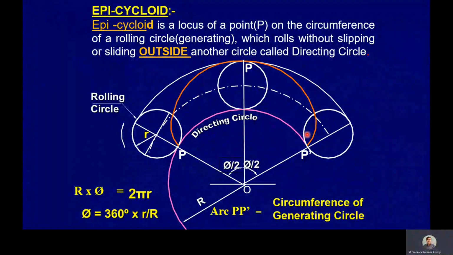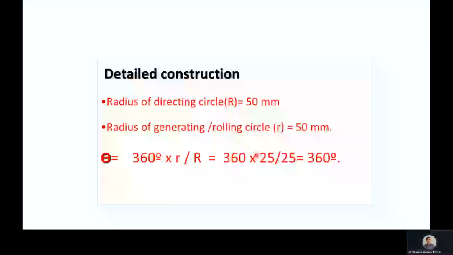Then if you trace the movement of the point P on the circumference of rolling circle, then the path traveled by the point P is an epicycloid. Here, the angle subtended by this directing circle is equal to small r by capital R into 360 degrees. Now we'll move towards constructing the epicycloid in a more detailed way.